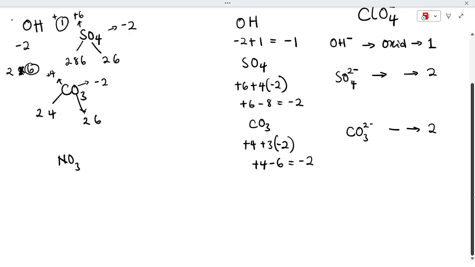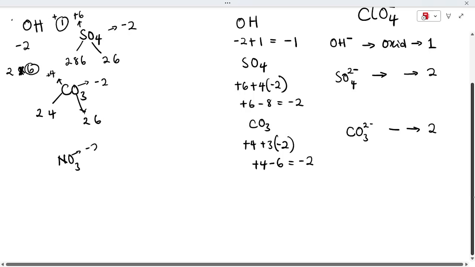Let us see, NO3 minus. Again, what happens in this case? Oxygen, I already put the charge, but we'll be solving it later. Oxygen is -2. It tends to gain electrons. Nitrogen's configuration is 2,5 and oxygen is 2,6.